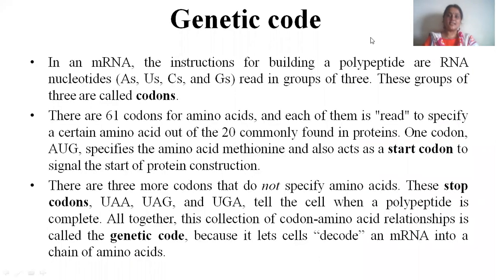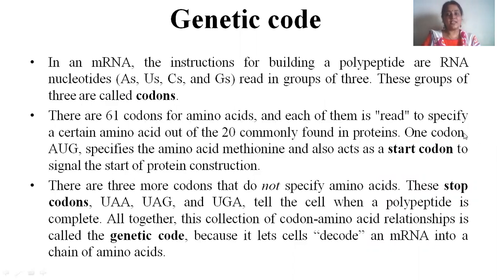As I explained about the genetic codons, the same is written over here: these groups of 3 are called codons, around 61 codons for amino acids, and each of them is read to specify a certain amino acid out of the 20 commonly found in protein.